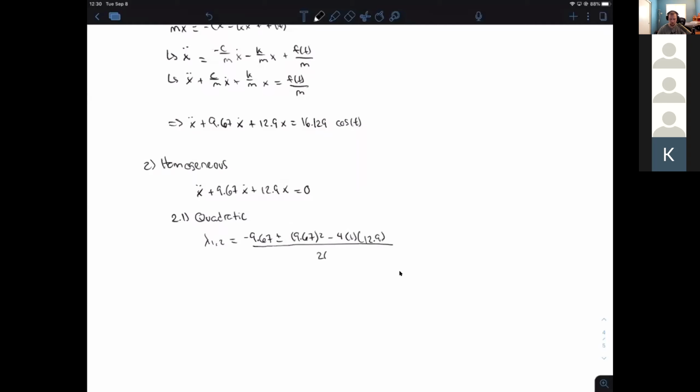And then divided by 2 times 1. Then we're going to get minus 9.67 plus or minus, so here I'm doing a few steps at once. We already took the square root, so we have plus or minus 6.48, and then all over 2.